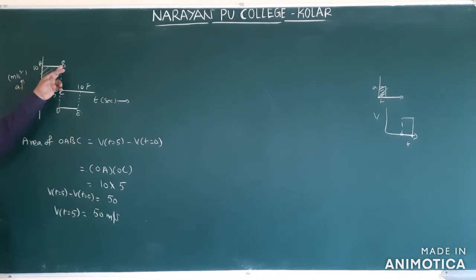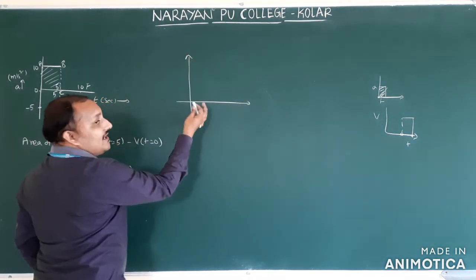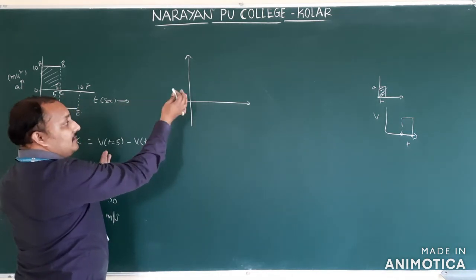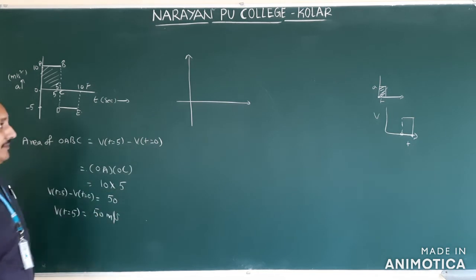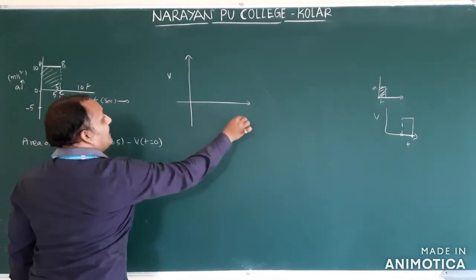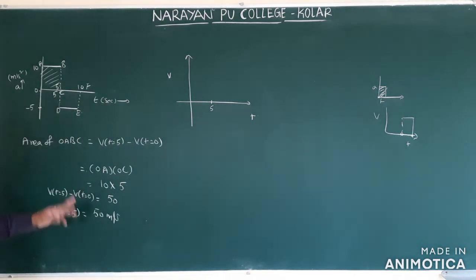So acceleration is constant. If acceleration is constant, how will the velocity time graph come? Now we are drawing backward: position time graph, velocity time graph, acceleration time graph. So now this axis is velocity, this one is time. After 5 seconds, what is this velocity value?